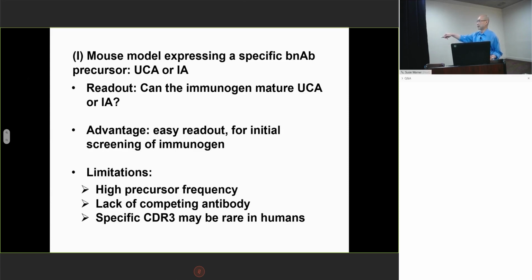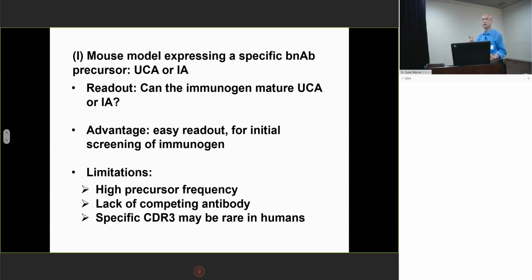And these are, of course, the obvious limitations. It's very contrived. You have lots of B cell precursors that you normally don't get under physiological conditions. You don't have competing antibodies, which is a major problem in immunization, where the immunization goes off track. And you're knocking in a fixed antibody with a fixed CDR3, and the CDR3 is extremely diverse in humans or any immune system.